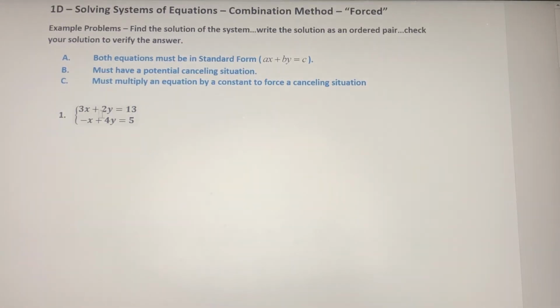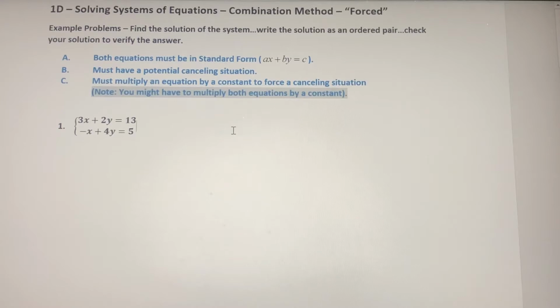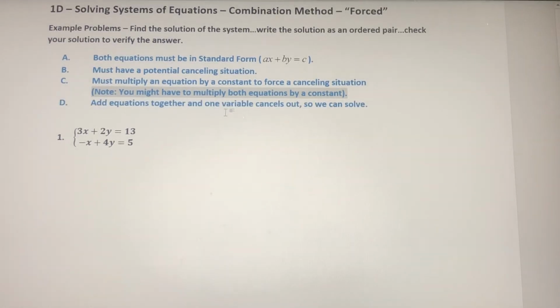So in this case, we're only going to multiply one equation to create that situation. But in the second example, we're actually going to have to multiply both equations to create that canceling situation. Then we're going to add the equations together so we can solve for one variable. And then, we'll continue on the way we have with the other methods, finding the other half of the answer.